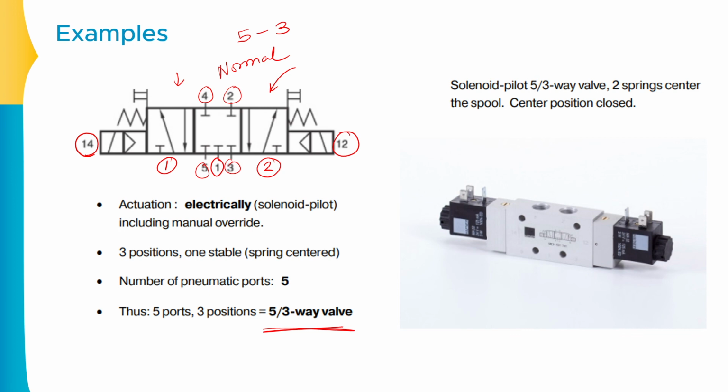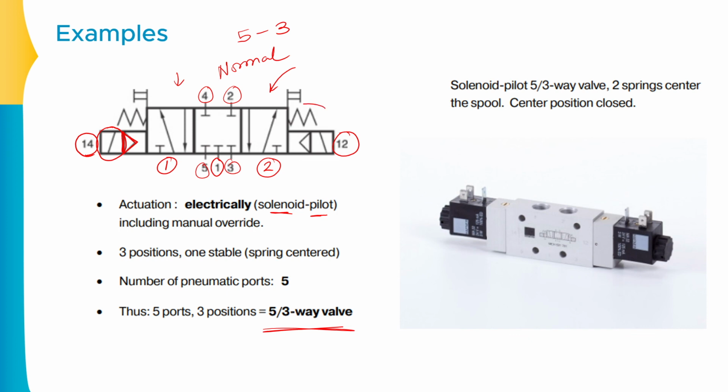Okay. Then, if you observe, this symbol basically represents an electrically operated valve. This is the symbol of a solenoid, but it is combined with the pneumatic arrow, which represents that the solenoid we are using is actually a pilot operated solenoid. So this is the pilot operated solenoid on both sides.